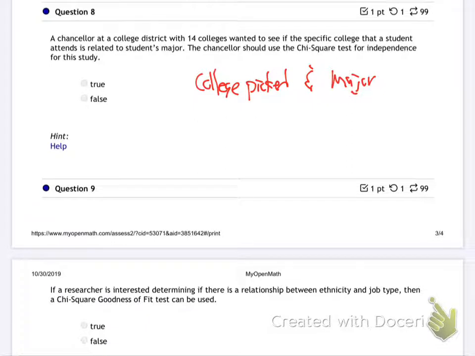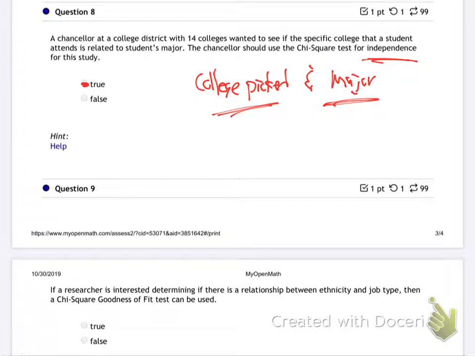Does the college picked relate to major? Probably. Is that an independence test? Yeah. We're trying to see if those are independent or dependent. That's exactly the kind of test we would do, to see if one variable affects the other. And they probably do.